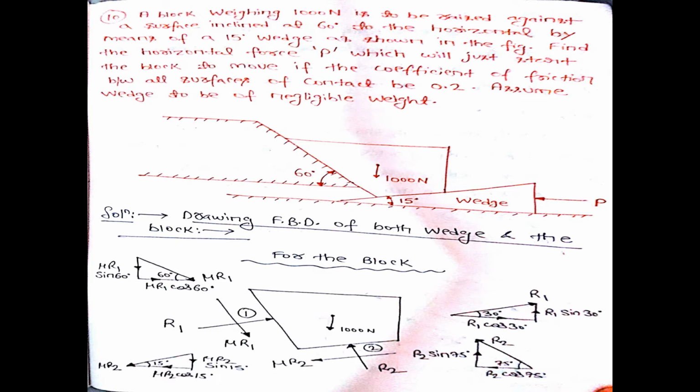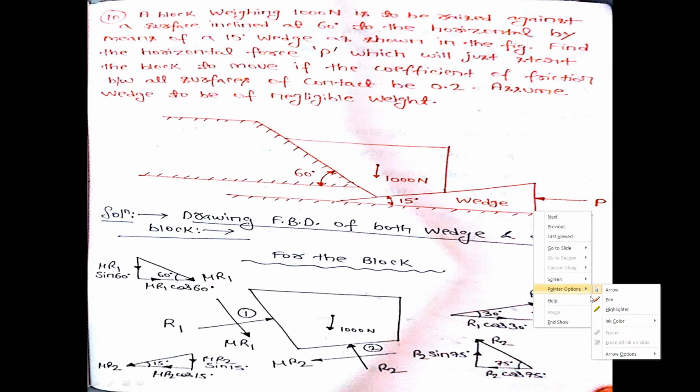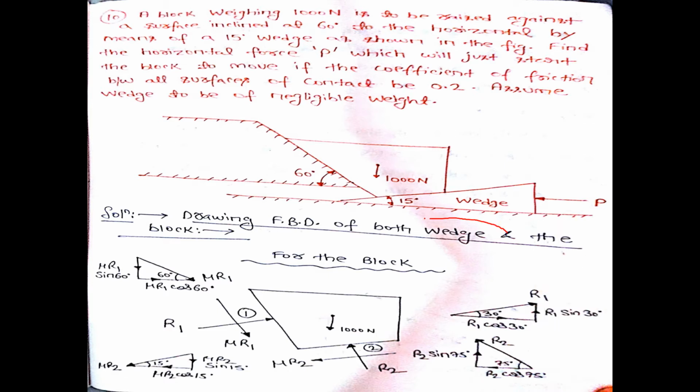Now in this question the wedge which they have used in order to lift this 1000 Newton load is your triangular wedge. Now due to application of this force P, wedge will move in this direction, then this block will be moving upward along this inclined plane.